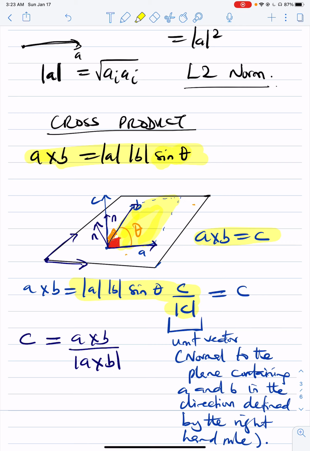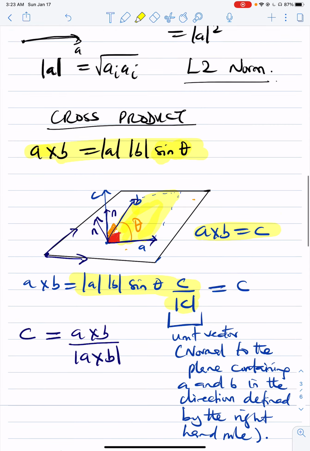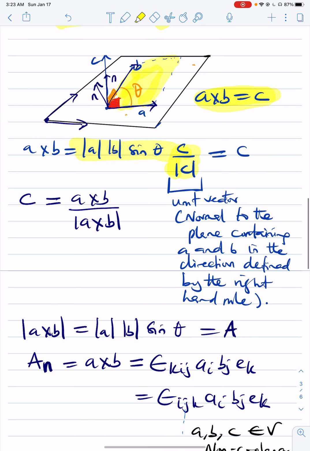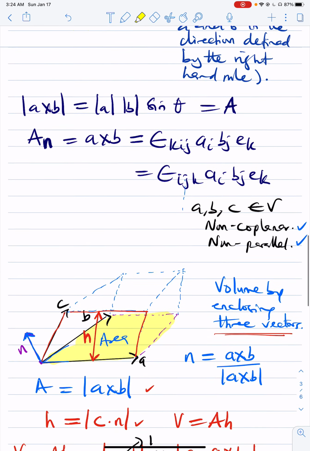Then I tried to explain and make some physical intuitions with that. Two vectors that span a plane: the area A times B, A cross B will give you C. And I explained the notion of a unit vector as well, and got an expression for that.